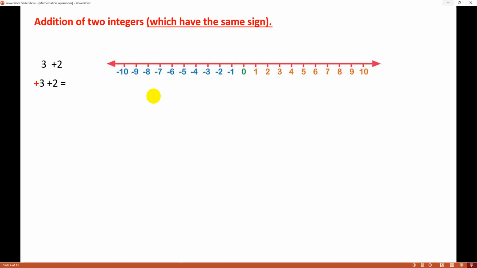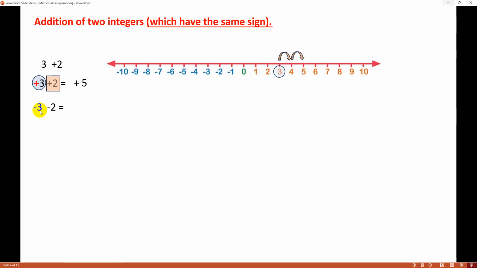We take the number line and we start at positive 3, and because we have to add a positive 2, we're going to move to the right. So we're going to move 1 unit to the right and 2 units to the right, so we arrive in positive 5. So that's why positive 3 plus positive 2 is positive 5.